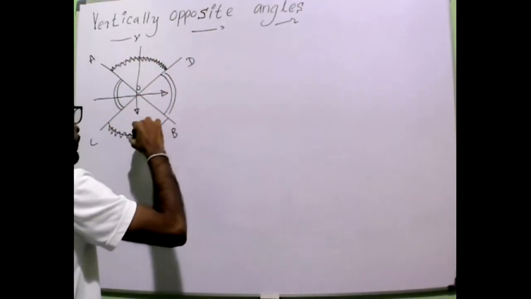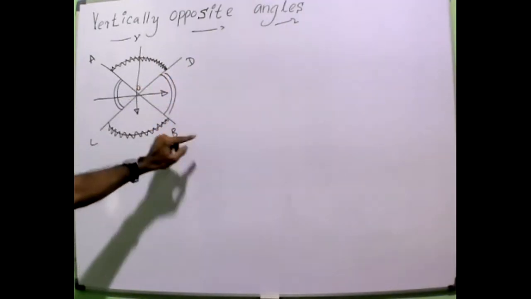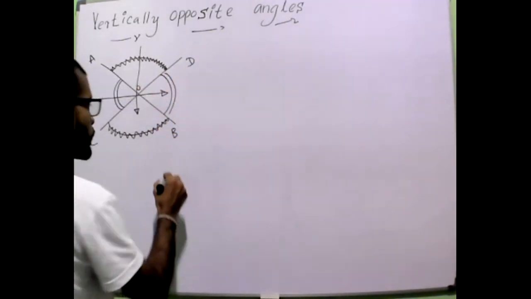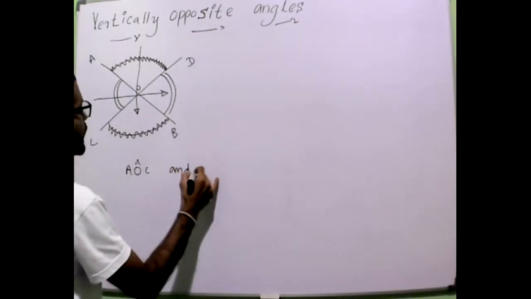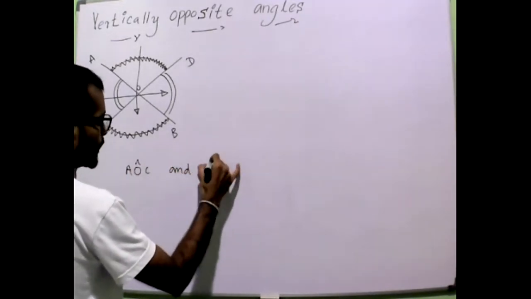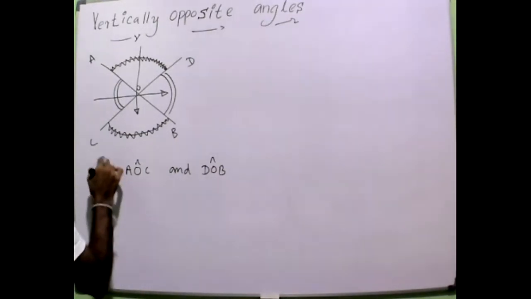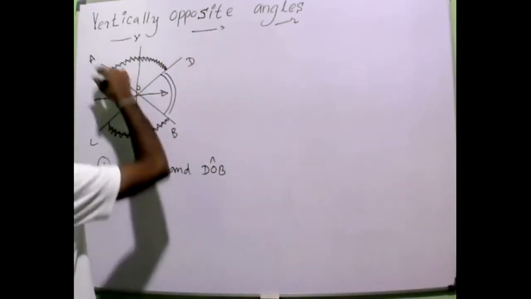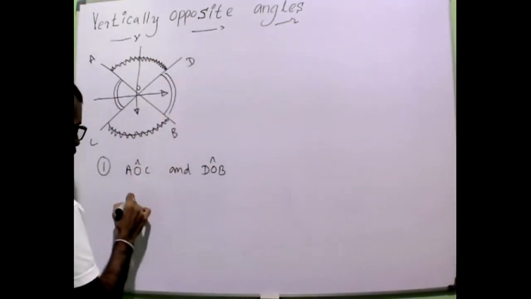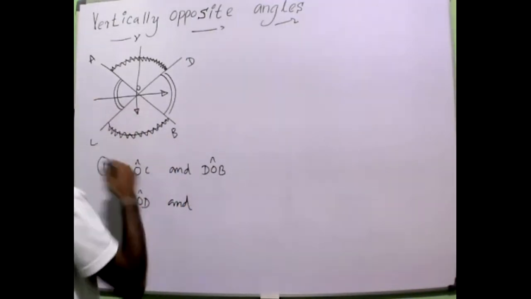So these are the pairs of opposite angles that I can find here. AOC angle and DOB angle is a pair of opposite angles. This is the first pair of vertically opposite angles. And the second one, AOD angle and BOC angle.